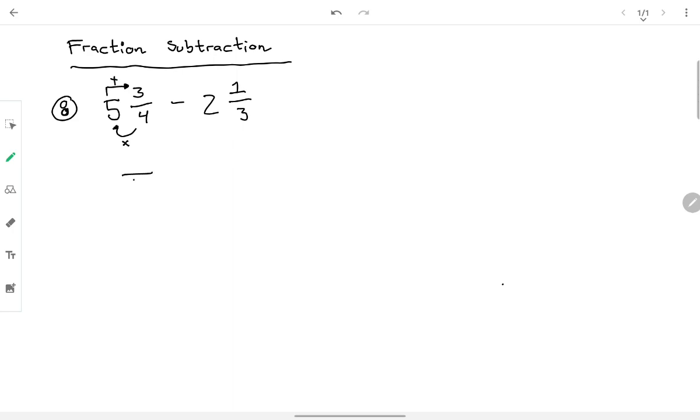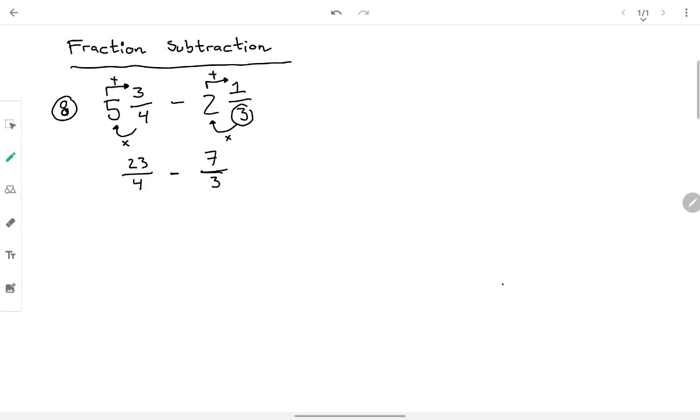We will have all the same denominator. 5 times 4 is 20, plus 3 is 23 over 4, minus, we will get thirds: 3 multiplied by 2, and we add the number 1, so we will get 7 thirds.